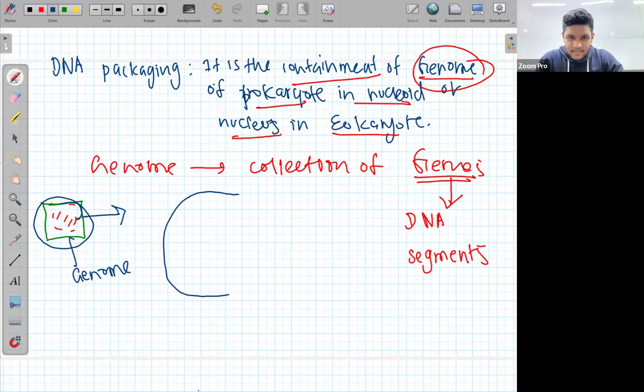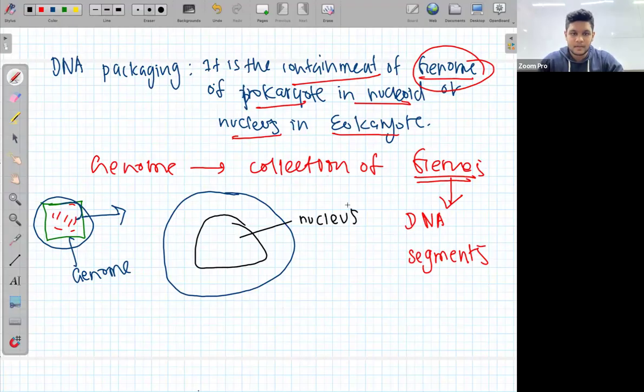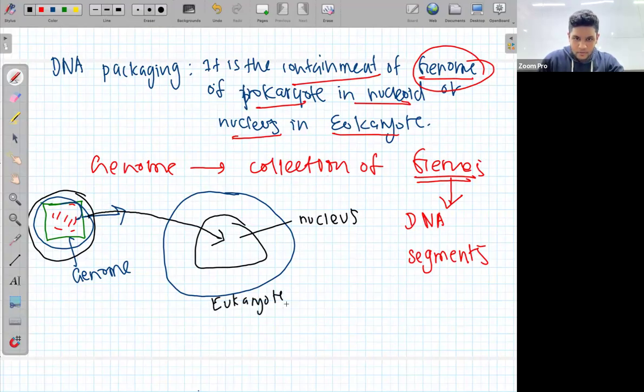Now, this is the eukaryotic cell, and in the eukaryotic cell, this is the nucleus. So with the diagram, let's try to understand: the containment of genome means a collection of genes, meaning a collection of DNA segments, in the nucleus of eukaryote. Now this is the eukaryote.